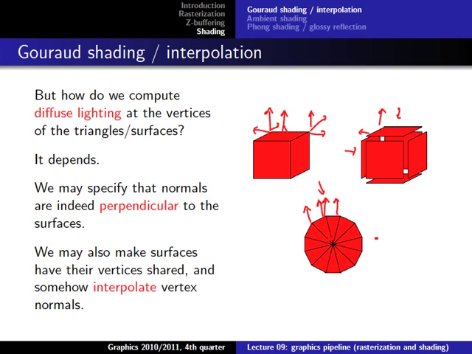But if we use those two vectors here to calculate an intermediate vector, we get normal vectors that look much more similar to the normal vectors that we would get if we had an actual circle here. So in this case, an interpolation between the normal vectors at the vertices probably makes more sense.